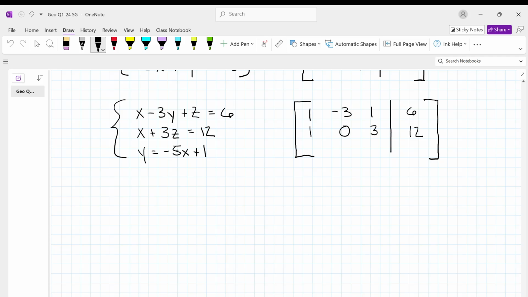Now, let's take this third equation and add 5x to each side. We're going to put it in xyz form. So we get 5x plus y, there is no z, and we're still equal to 1. Converting this to a matrix, in the first column we get a 5. In the second column, the coefficient of y is a 1.